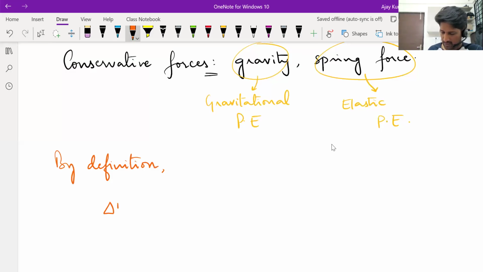change in potential energy of a system. Delta stands for change, U stands for potential energy. Change in potential energy of a system is negative of work done by conservative forces within the system.